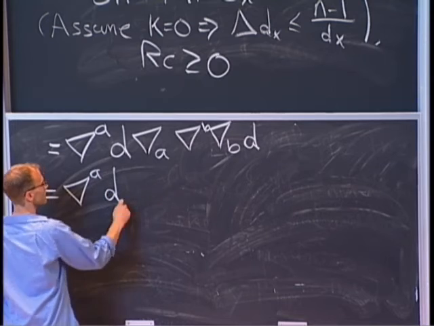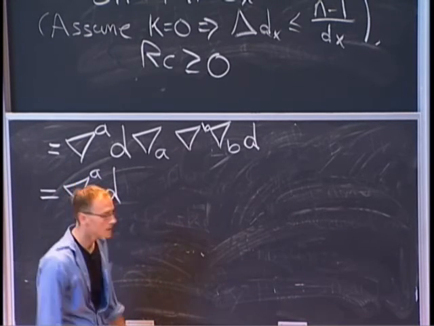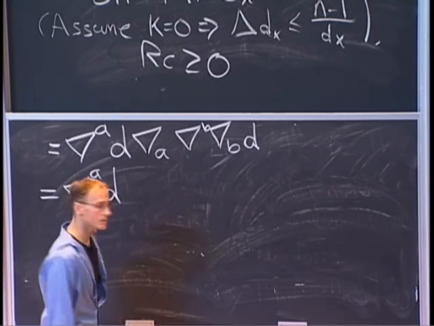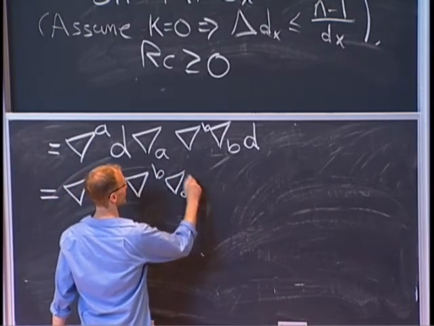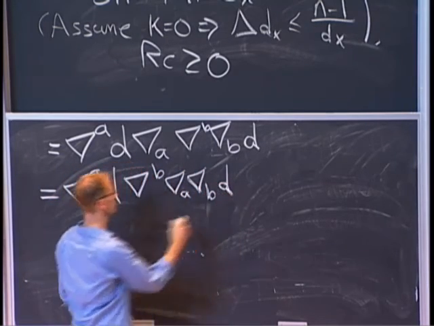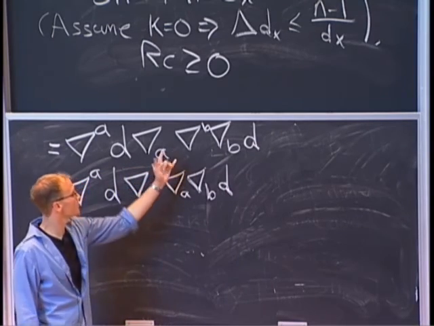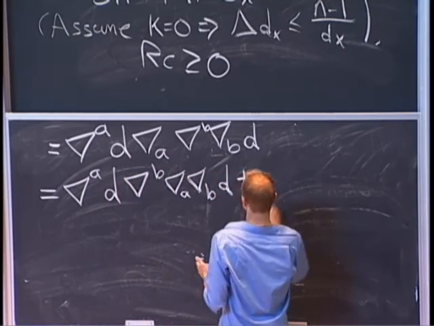Now, what's the interesting part? Where does curvature come from? I want to take these two derivatives and switch them. So I want to write this like this. And if this were Euclidean space, we'd be done. This is not Euclidean space. You get an error term when you switch covariant derivatives. The error term is curvature.